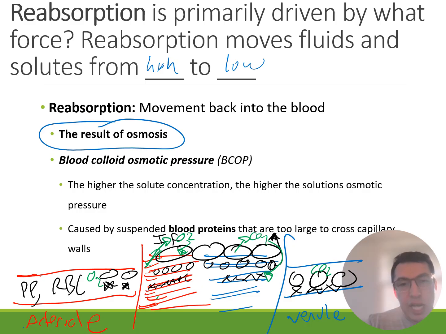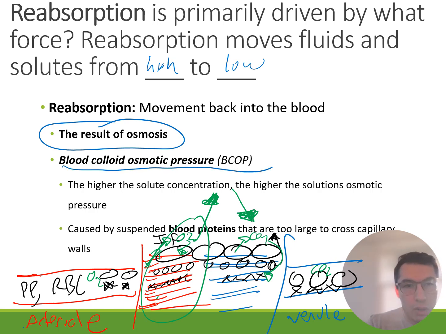We were filtering a lot more solutes. We filter out a lot more into the interstitial fluid than we suck back in. But the way we're bringing it back in is with something called blood colloid osmotic pressure.